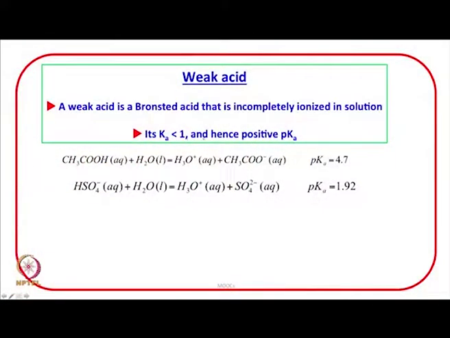So therefore, going back to this slide, the pKa value of the second reaction, that is HSO4 minus plus water forming H3O plus and sulfate, is lower. That means HSO4 minus is a stronger weak acid compared to the weak acid CH3COOH. Why am I saying these are weak acids?